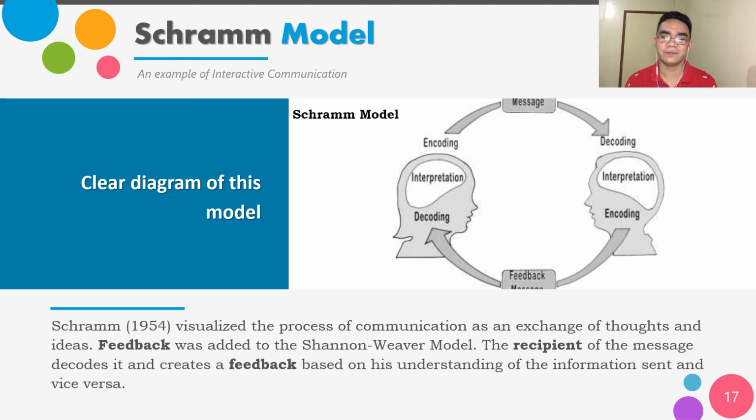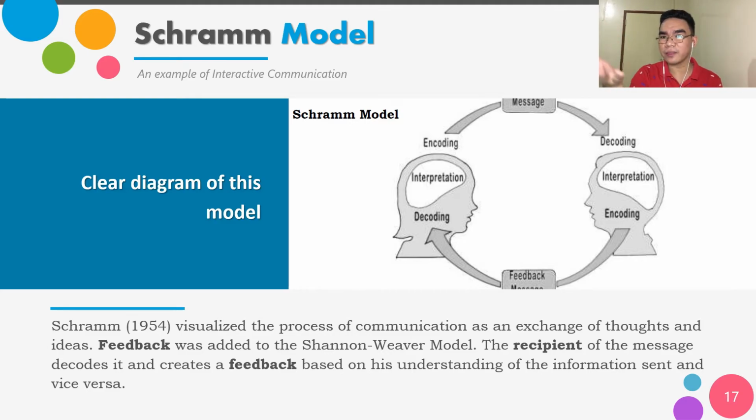As you can see on the bottom part, after you decode the message and interpret it, you create your own idea, and after that encoding process, there will be a feedback message at the bottom, and that consists of your response to the message which has been sent by the sender earlier.